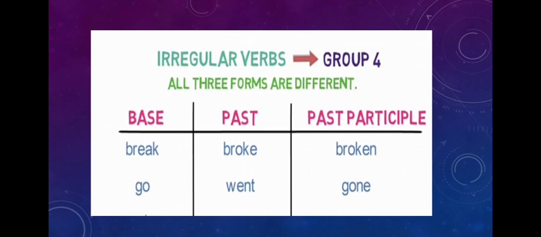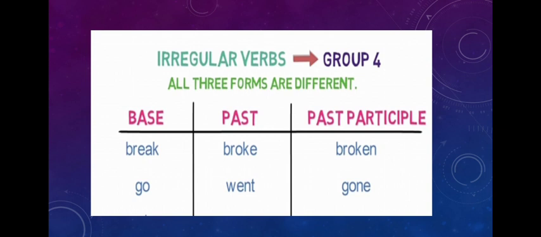The last type of irregular verb, that is group 4, is where all three forms are different. So in this type of irregular verbs, all the three forms of verb would be different. Okay. For example, break, broke, broken, go, went, gone.